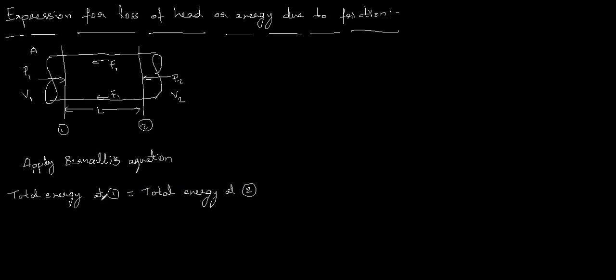According to Bernoulli's equation, the sum of the energies at a particular point should be equal to the sum of the energies at the second point when the pipe is extremely smooth.